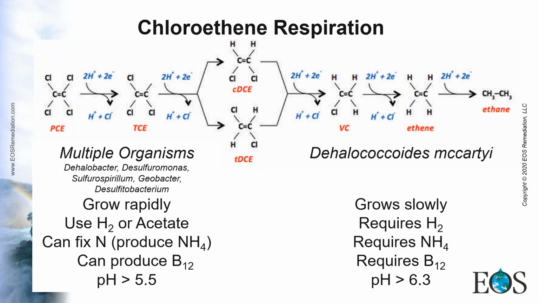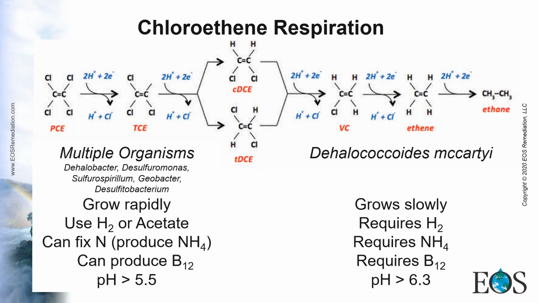I'm saying here pH greater than 6.3 for good degradation of vinyl chloride. There are some cultures that people are working on that can now degrade vinyl chloride down to maybe 5.8, 5.9, but even then, at those pH levels, the rates are significantly reduced.